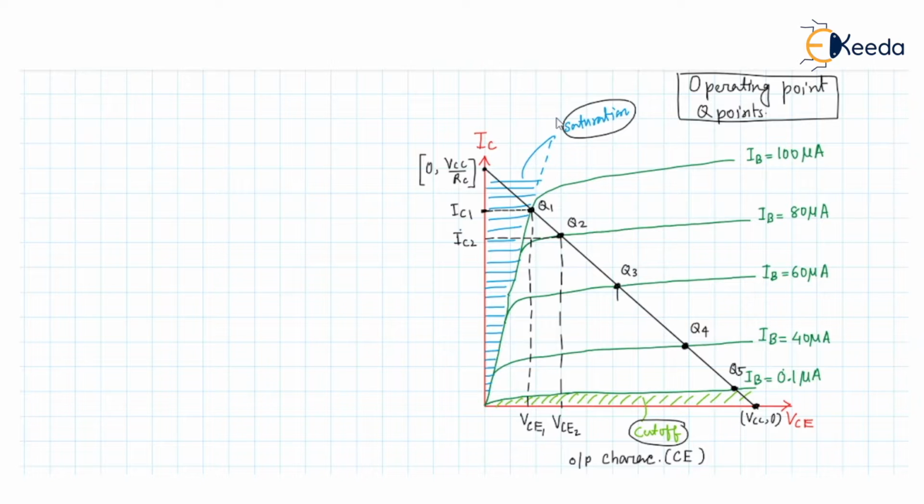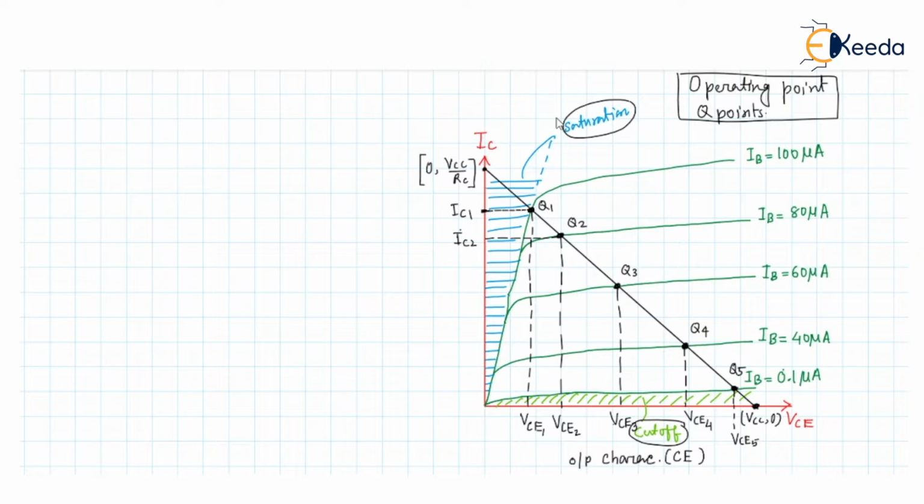Similarly, for Q3, the VCE value we can get as VCE3. For Q4, we can get the VCE value as VCE4, and for Q5, it will be VCE5. So these are the different collector to emitter voltages that can happen for different operating points.